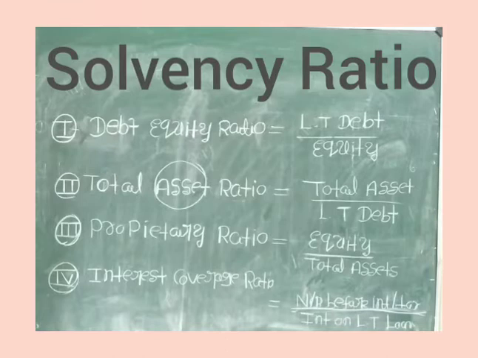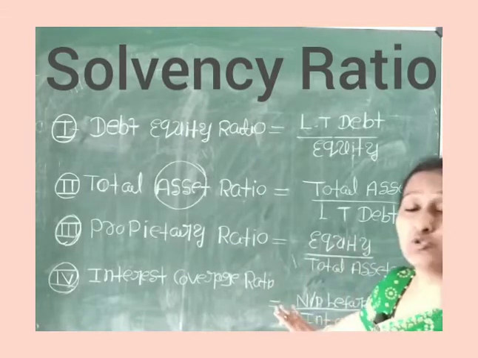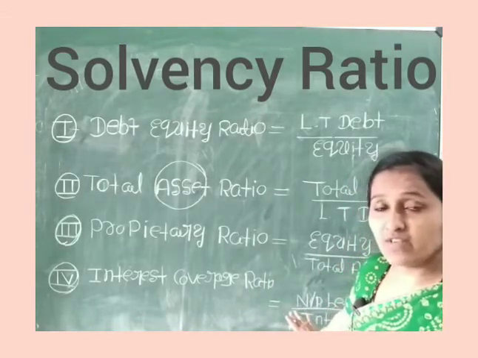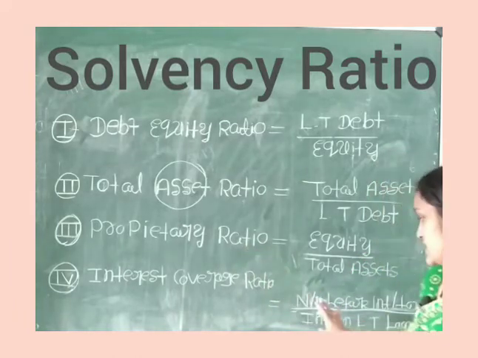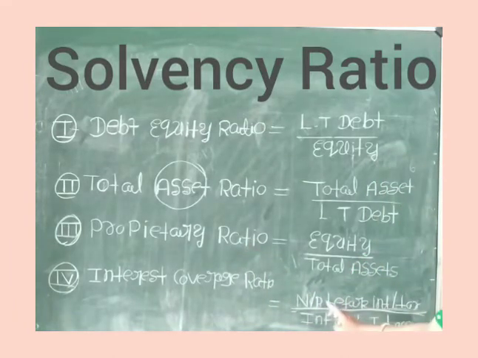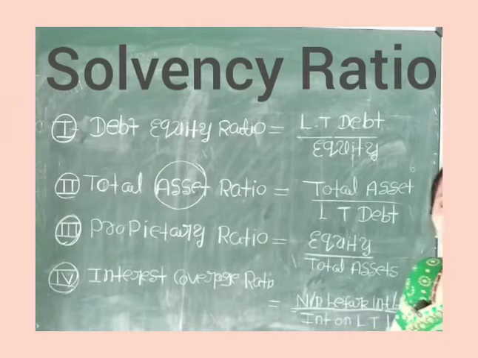The formula is net profit before interest and tax divided by interest on long term loan only. We will check how much interest is earned by long term assets. Net profit before interest and tax we are supposed to calculate based on the given information, and we will take interest on long term loan, not short term loan.